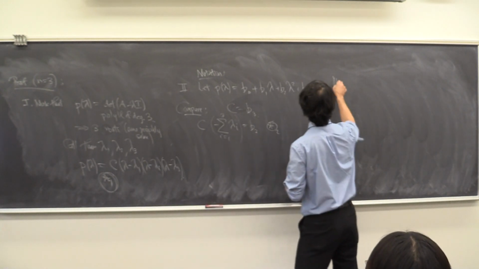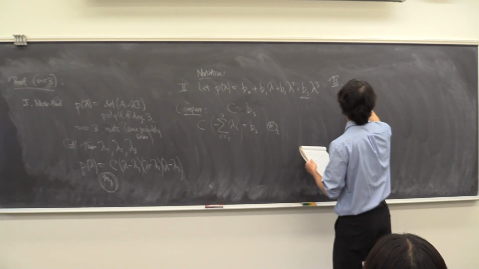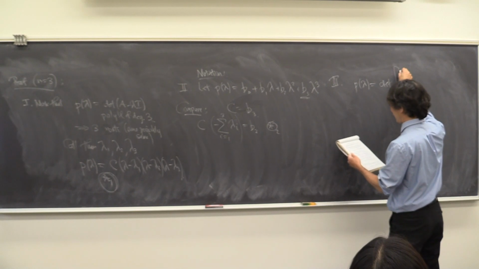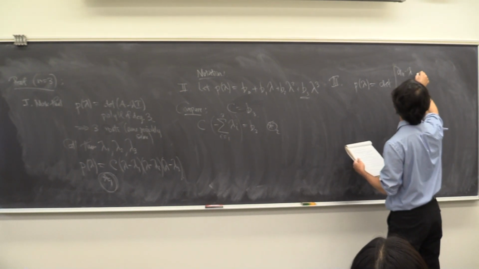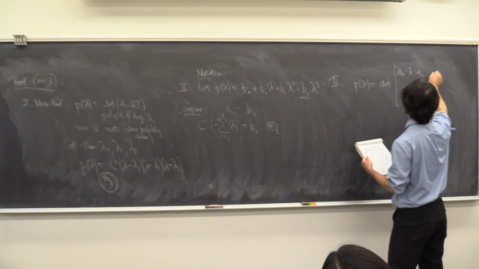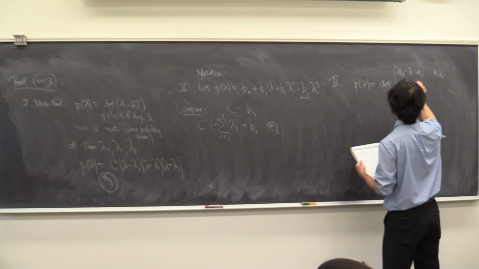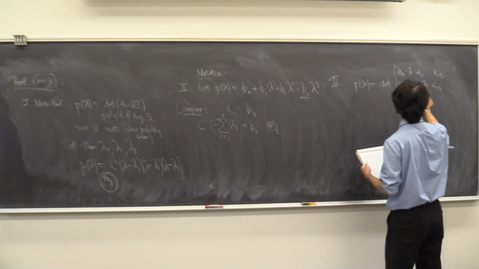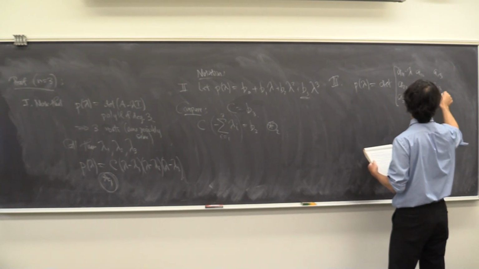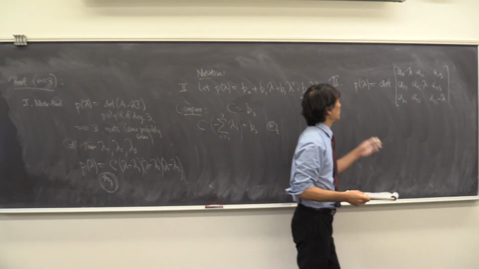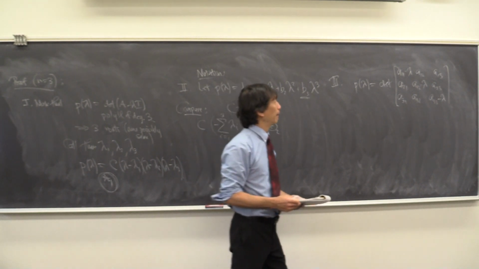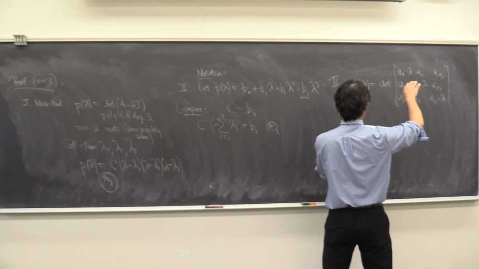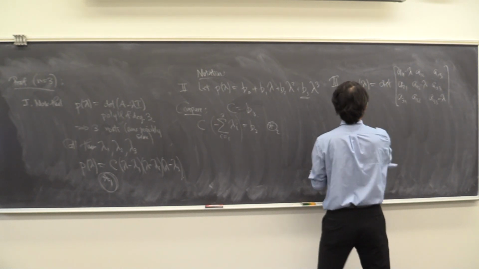Now, part 3. P of lambda, remember, is the determinant of our matrix: A11 minus lambda, A12, A13; A21, A22 minus lambda, A23; A31, A32, A33 minus lambda. Let's expand the determinant down the first row.